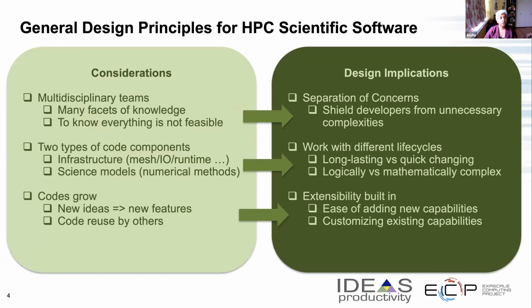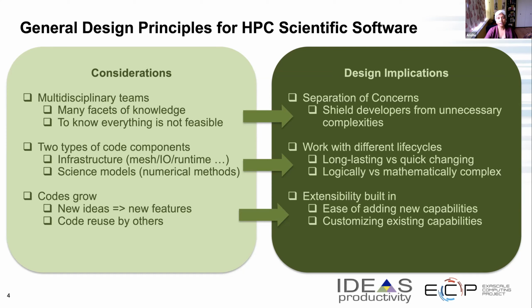So some of these general principles for HPC scientific software have always been valid. What has always been true is that we work in multidisciplinary teams because there are many facets of knowledge. And it's not possible for anyone to know everything that is involved in writing software because it involves expertise coming in from the domain scientists, the applied mathematicians, the software developers, and the people who do performance engineering.